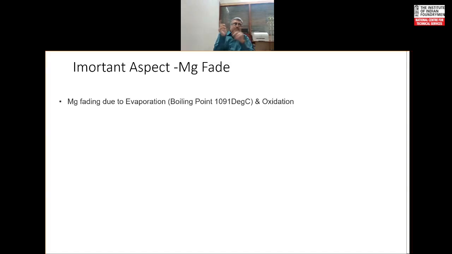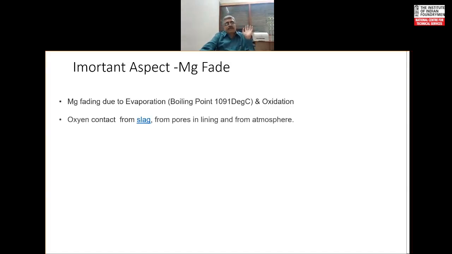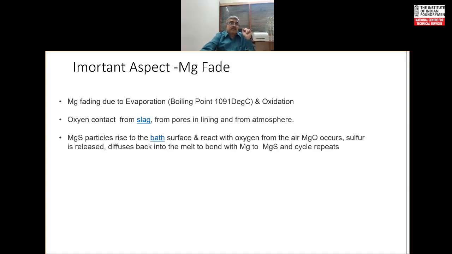So the losses are two ways: evaporation of the magnesium as the vapor travels through the metal column and goes away, and oxidation. The oxygen can come from slag, from pores in the lining, or from the atmosphere.